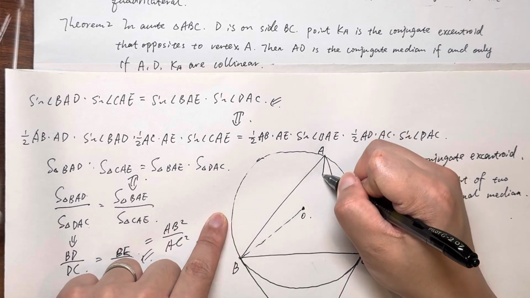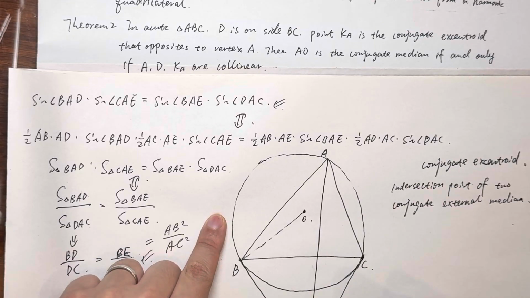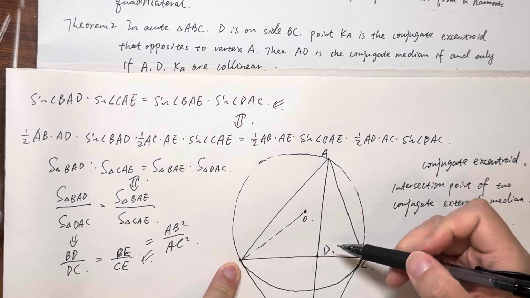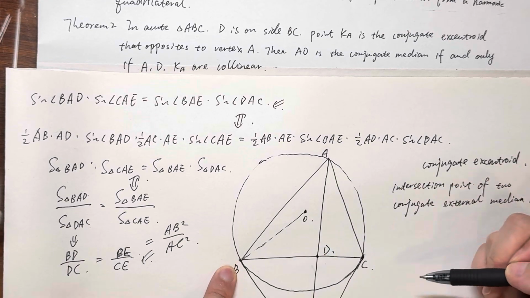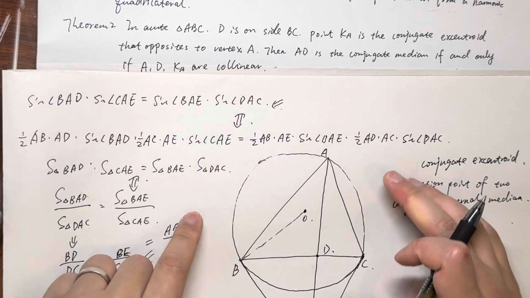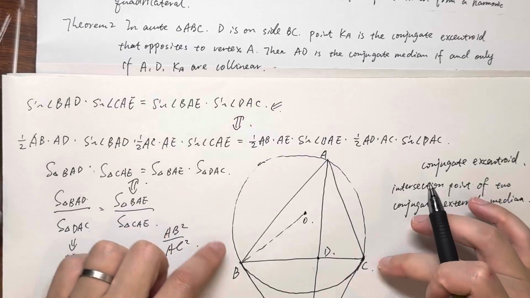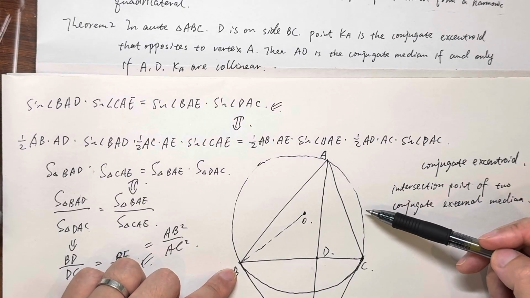Basically, it's saying that if we draw the AKA line here and it intersects with BC on point D, this is a conjugate median of the triangle ABC, which is saying that in another form, we have a triangle ABC here, and we find the circumcircle of the triangle.